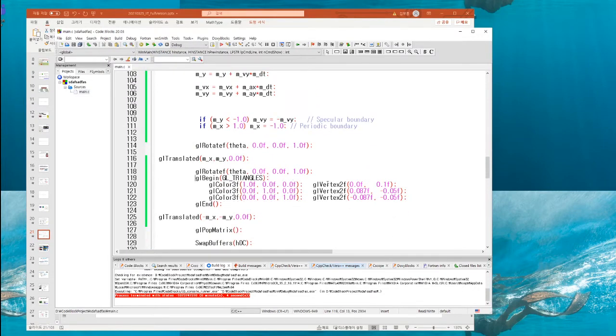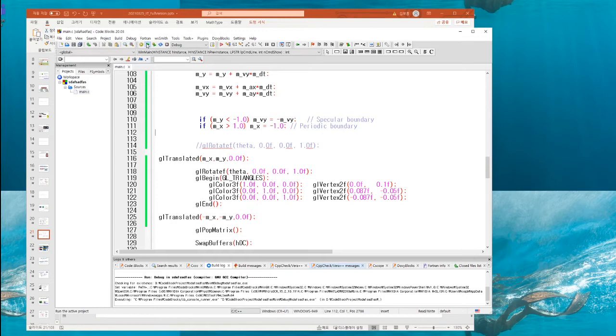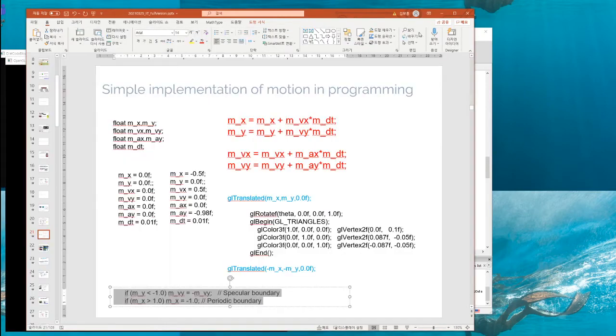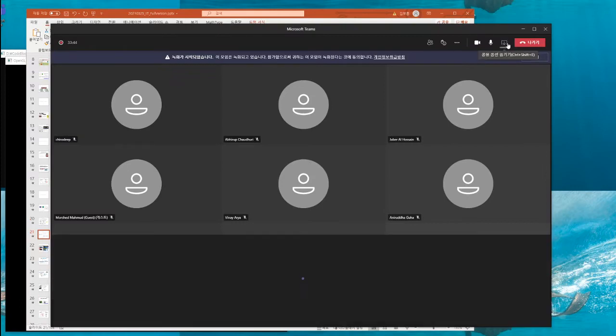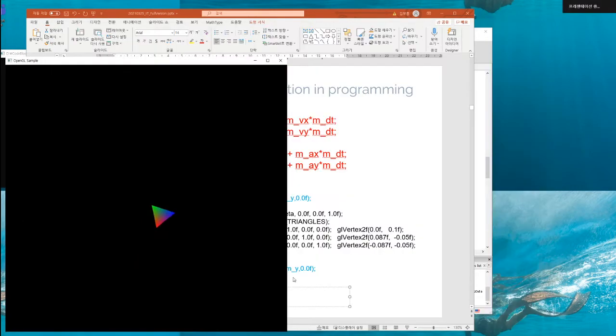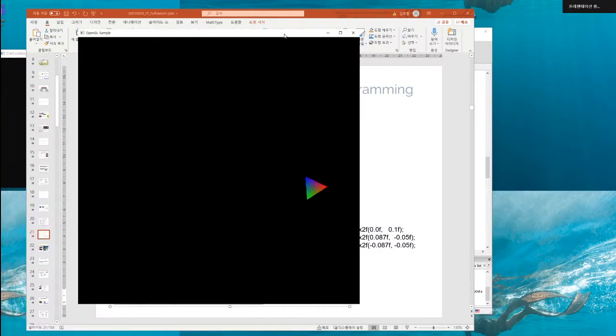I need to delete this rotate, okay, and compile, and when I run them, okay, now I will share that result screen with you. Okay, stop, and all right, do you see these triangles are bouncing around, and it disappears from the right, and it appears again from the left, right?